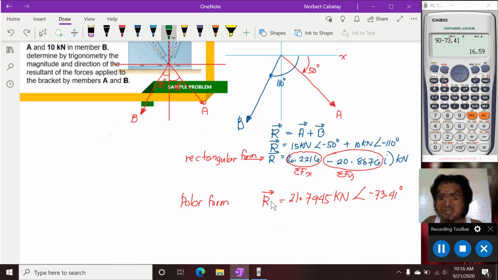But as we use this technique, we automatically refer to the positive x-axis. Although you can refer to any axis, positive y or negative x, you have to make sure everything is referred there. For the uniformity of our solution, it is better to refer to the positive x-axis to avoid confusion. So this is a technique that I can share with you.